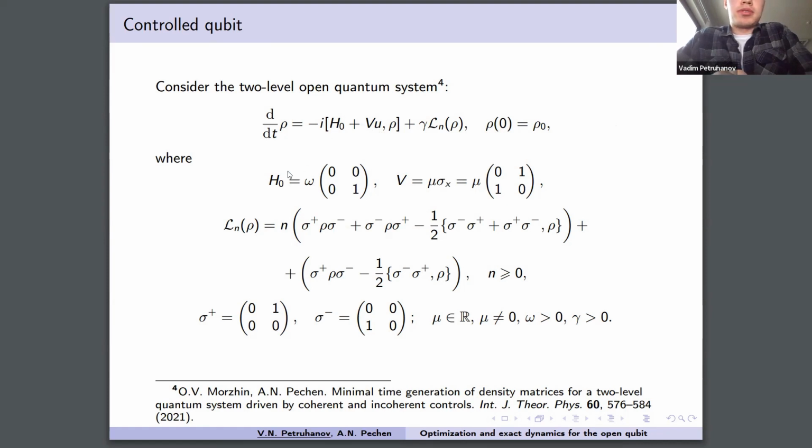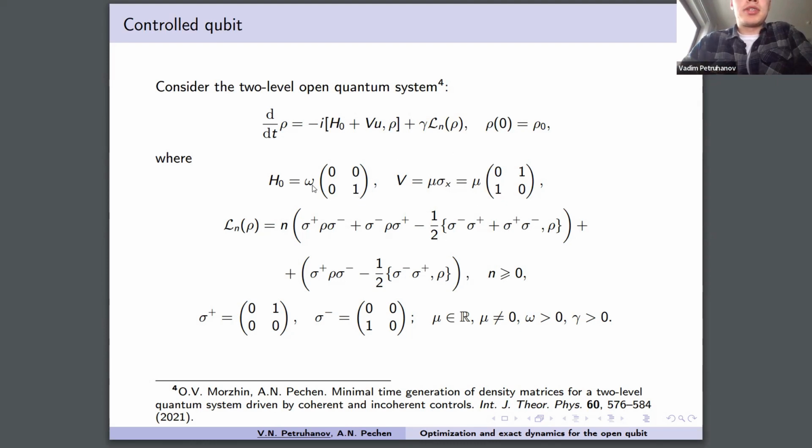So we have this kind of model for the two-level system. We have here the control Hamiltonian V, which is actually the sigma x Pauli matrix. So this is the rotation in the Bloch ball along the axis x. And for the dissipator, we have the form that's given by the weak coupling limit.